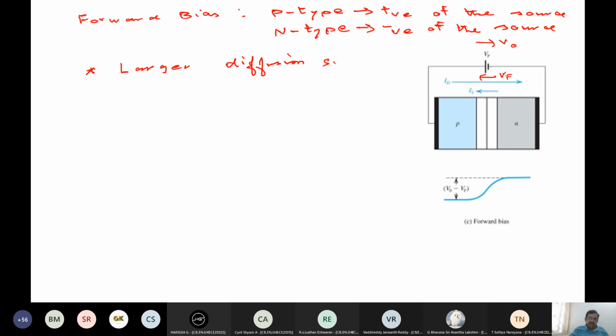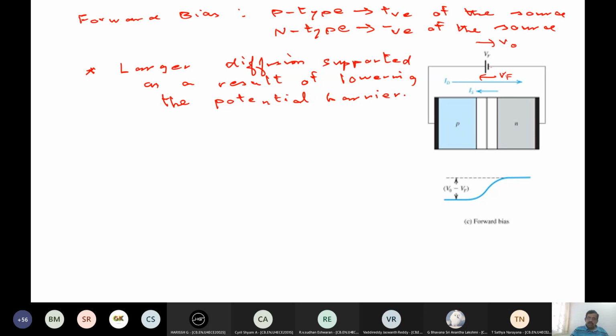A larger diffusion is supported as a result of lowering the potential barrier. Okay, so this is the first step.